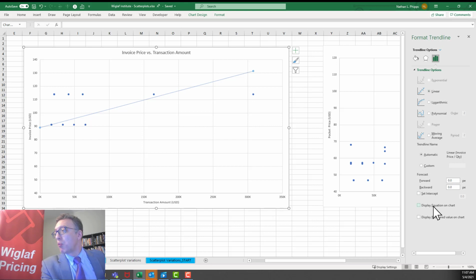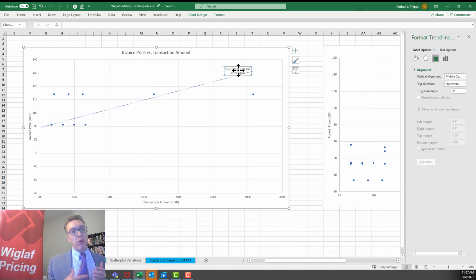And one of the wonderful things you can do is down here at the very bottom, you can actually display the equation of your trend line right on your chart. And you can also display your R-squared value, which is a measure of just how correlated these two variables are in your data.